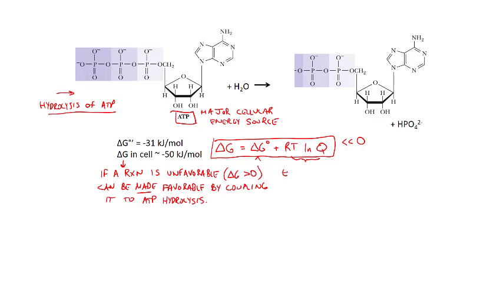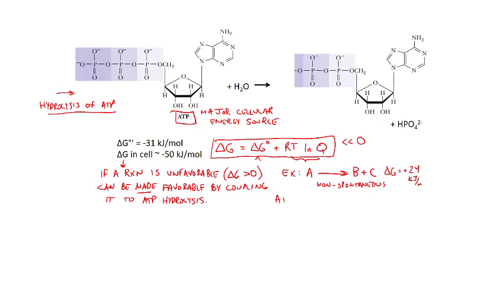So for example, let's say that we have some reaction A breaks down into two molecules B plus C. And let's say that the delta G is positive 24 kilojoules per mole. Okay, so this reaction, because it has a positive delta G, it's going to be non-spontaneous. If you want to get it to work, you have to force it.